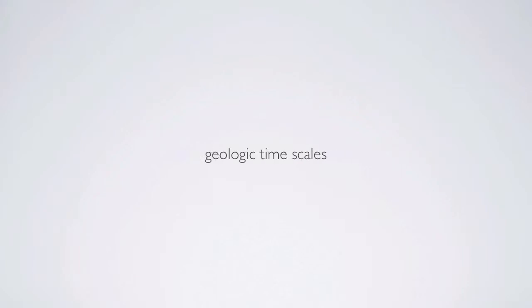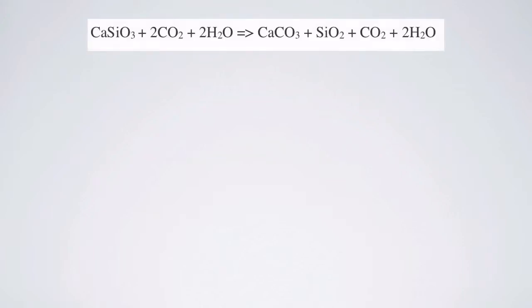On geological timescales, what controls CO2 concentrations? Well, it's primarily the weathering of silicate rocks. So calcium silicate is shown here, and that reacts with CO2 and water to form calcium carbonate, silicon dioxide, CO2, and water. And this is the weathering process.